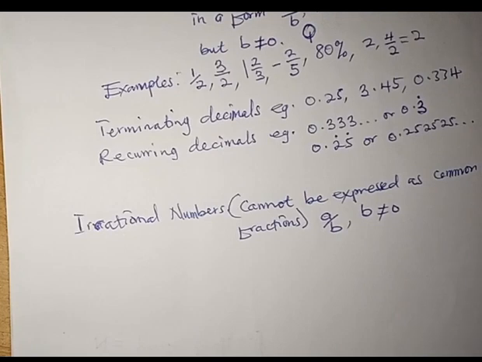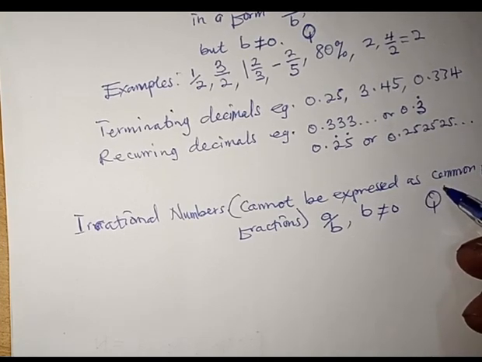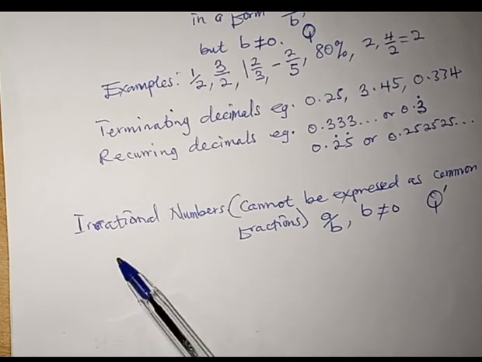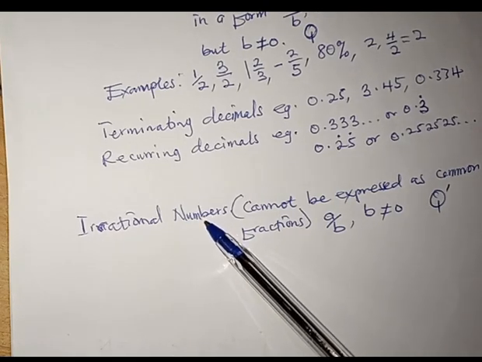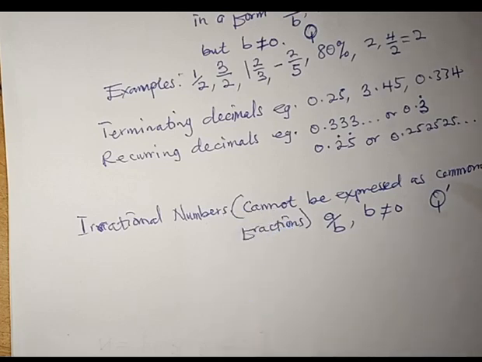Now, if that is the case, which letter or symbol can we use to denote irrational numbers? Now we can use Q prime, because we are saying that irrational numbers are opposite to rational numbers, and rational numbers are denoted by the letter Q. So if irrational is the opposite, then we can represent that as Q prime.